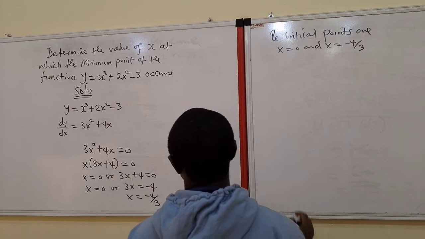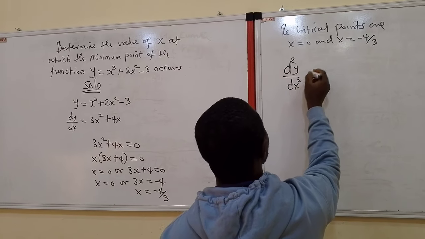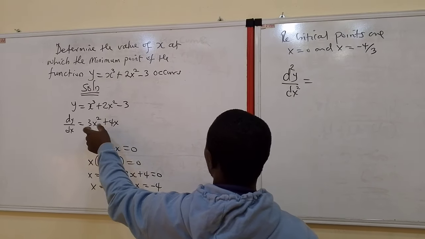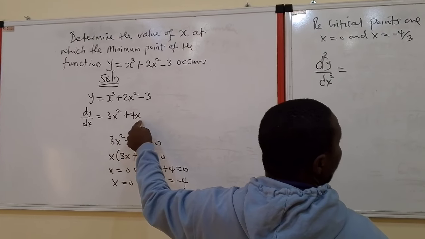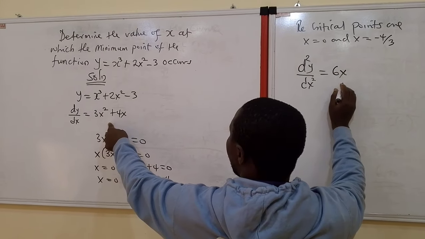So this is what we are going to do. We say d squared y over dx squared. We are differentiating 3x squared plus 4x. So if we differentiate 3x squared, I have what? 6x plus 4.